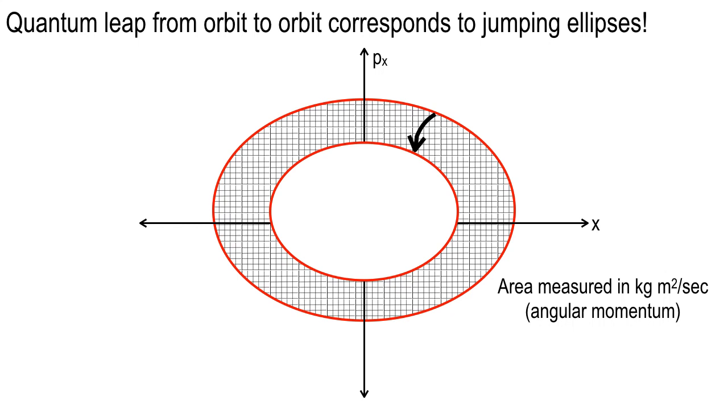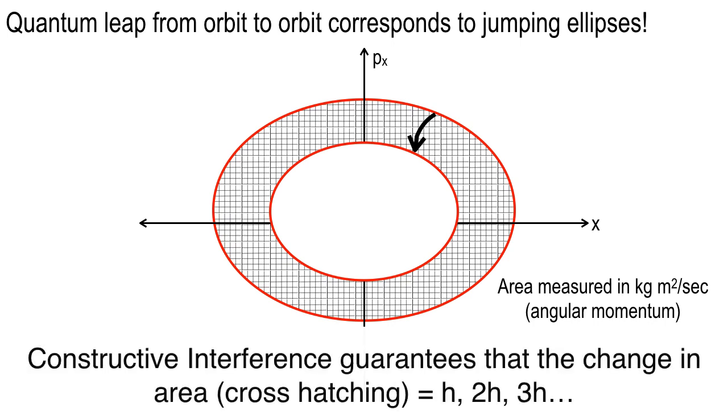Here's the rule. De Broglie said you have to have standing waves. Then somebody figured out what the standing waves are going to look like in phase space, what kind of ellipse they will have. This is the rule: you get constructive interference when you change the cross-hatched area in multiples of Planck's constant.